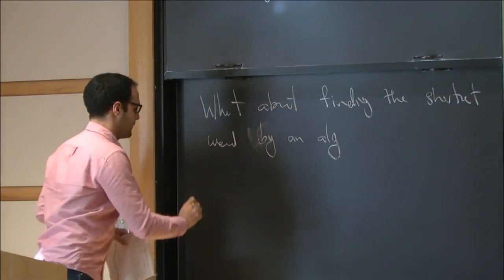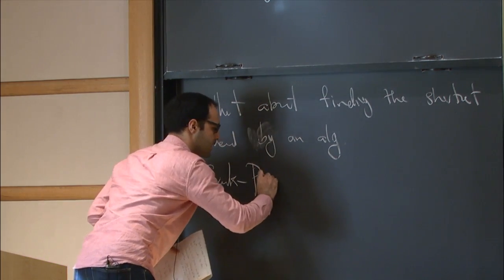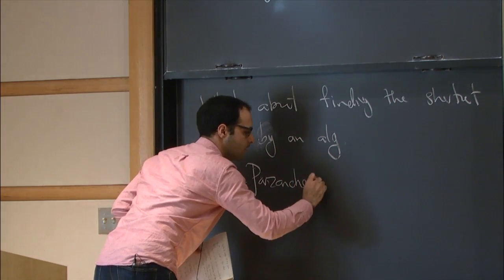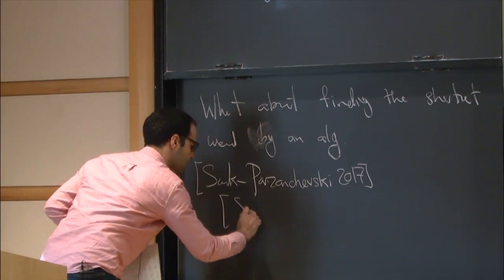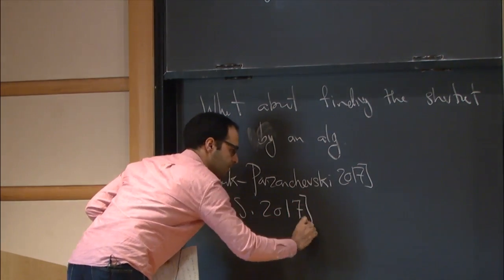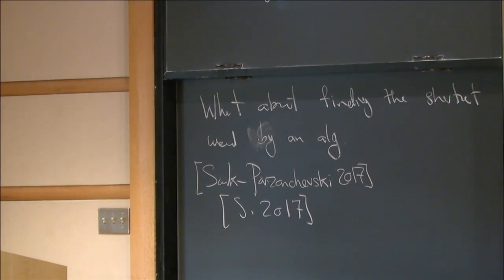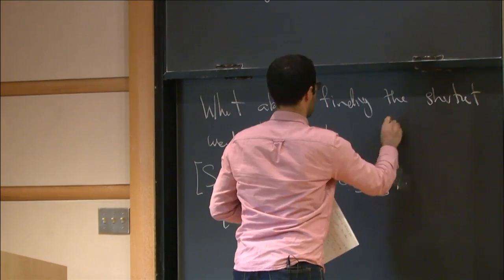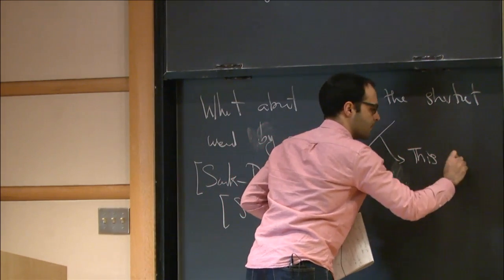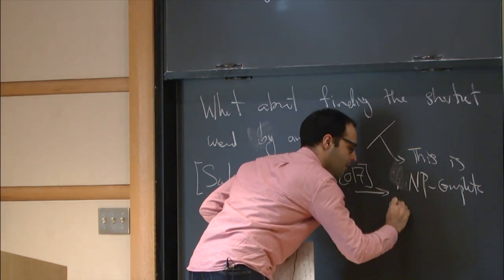In fact, based on the work of Sarnak and Parzanchevski in 2017, and the work of myself, finding the shortest path, the shortest word for a generic point, is NP-complete. So finding this problem is NP-complete, even under factoring.